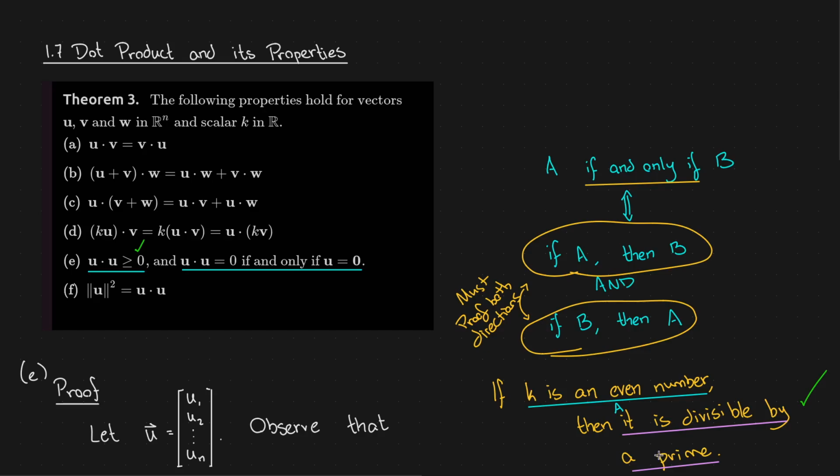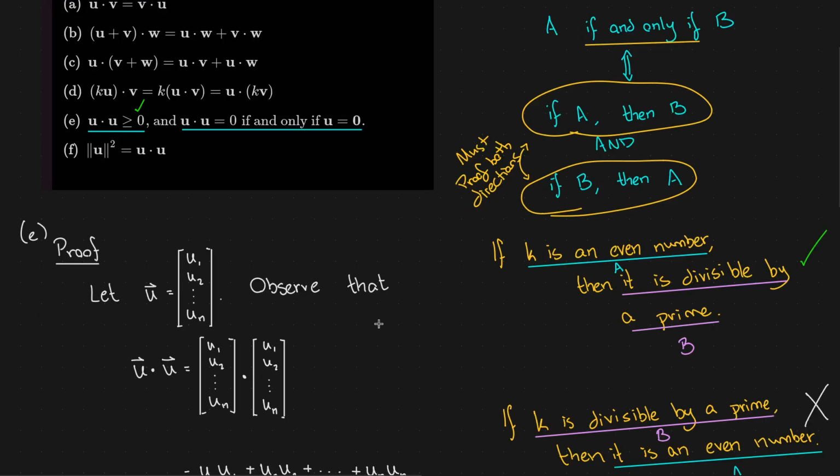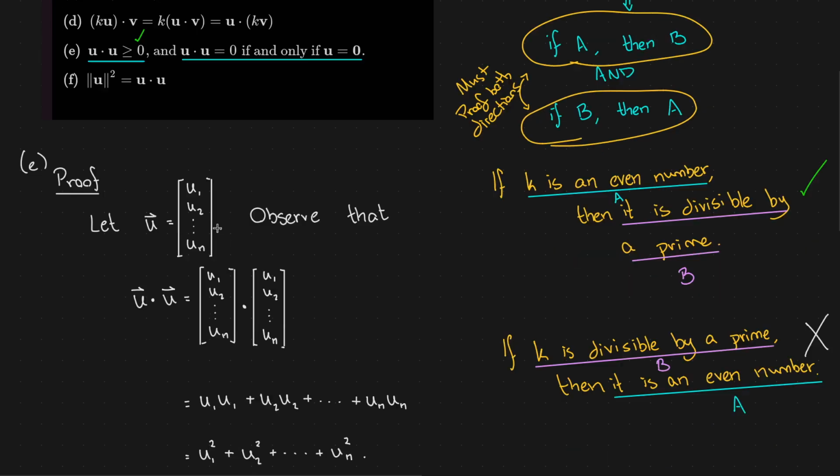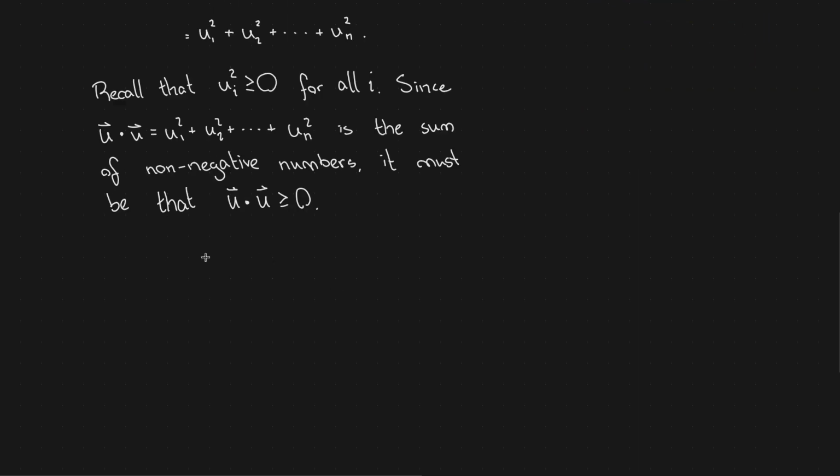So I'm going to start with this direction first. That is, I'm going to assume if u equals 0 and then show that u dot u equals 0. We'll sometimes use arrows to show the direction.